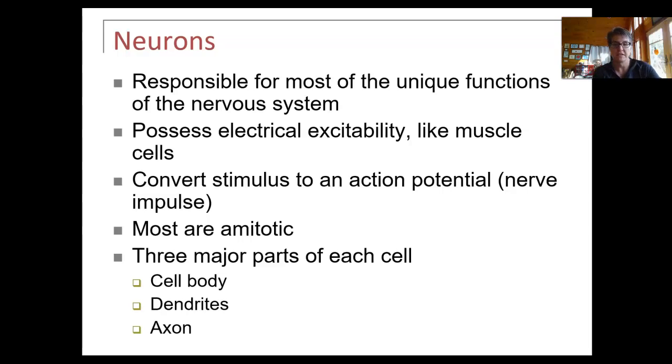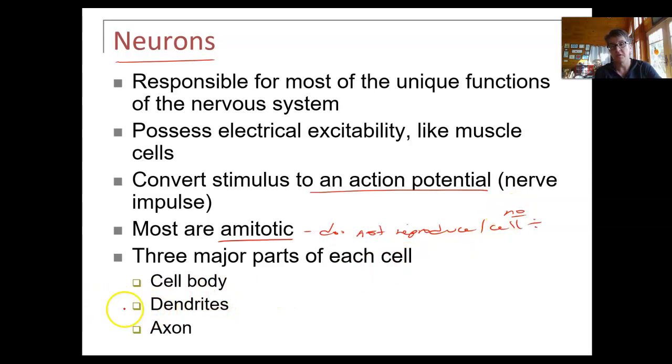Okay, neurons are the guys that send the electrical signal, the impulse, the action potential. Most are amitotic. They do not divide. No cell division.